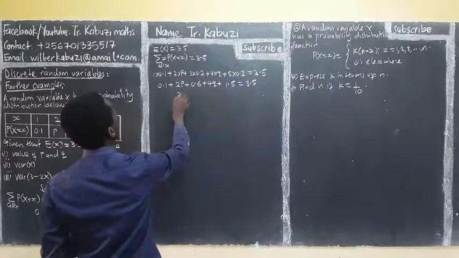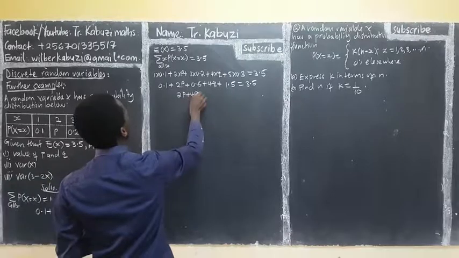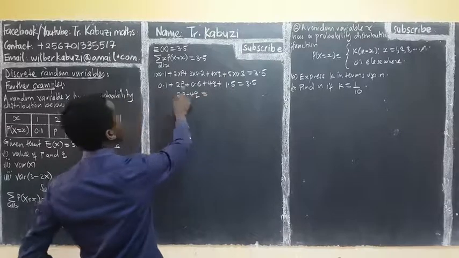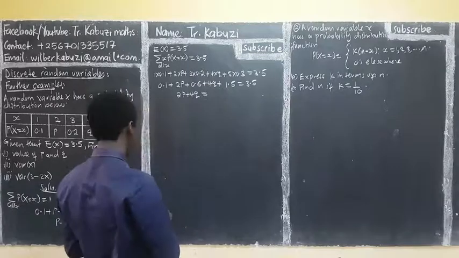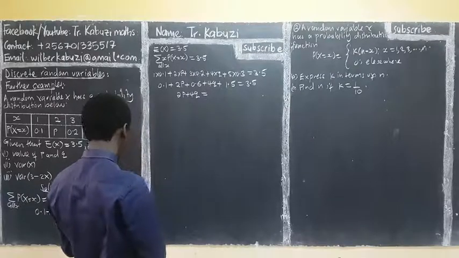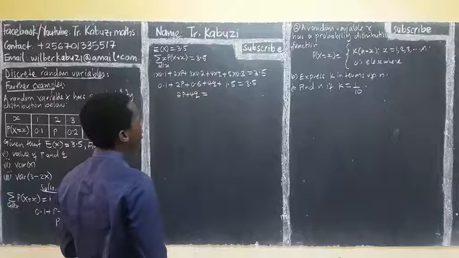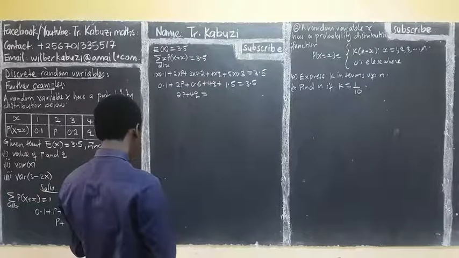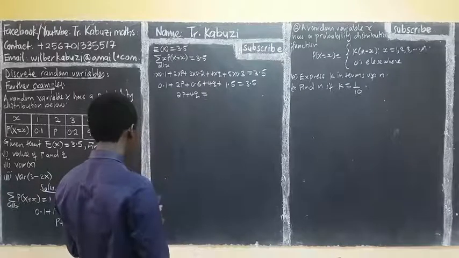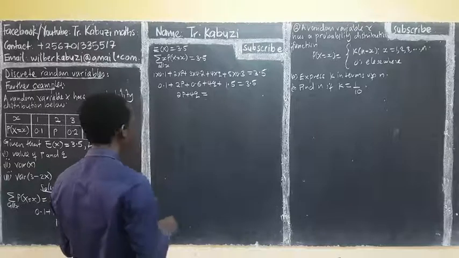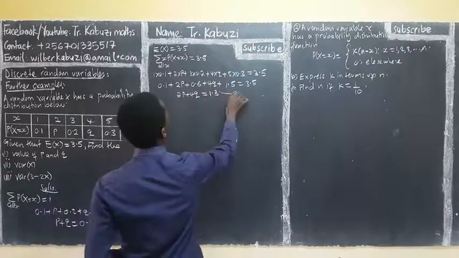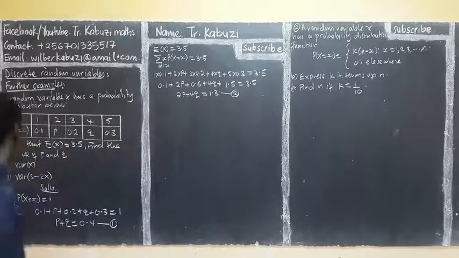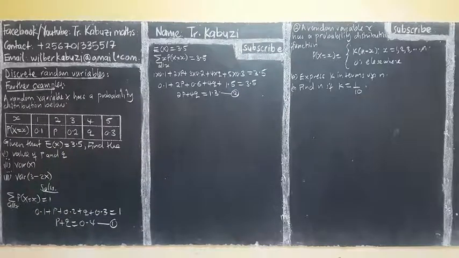So here I have 2p plus 4q equaling 3.5 minus 0.1, 0.6 and 1.5. When you take the other side, you get 1.3. So you have this as the second equation. Now you can easily solve these two simultaneously.